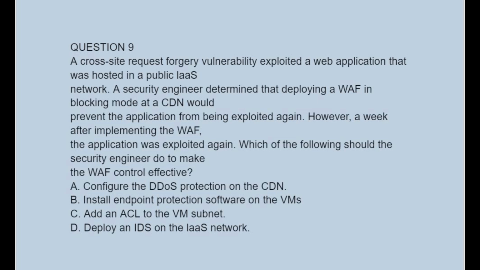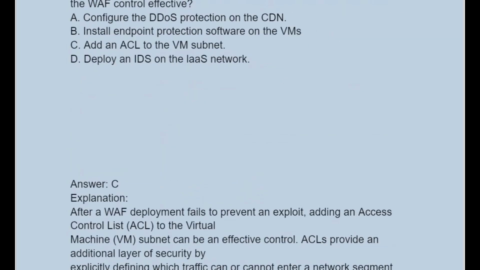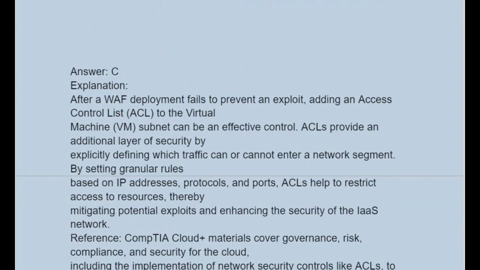Which of the following should the security engineer do to make the WAF control effective? Option A configure the DDoS protection on the CDN. Option B install endpoint protection software on the VMs. Option C add an ACL to the VM subnet. Option D deploy an IDS on the IaaS network. Correct answer is option C.